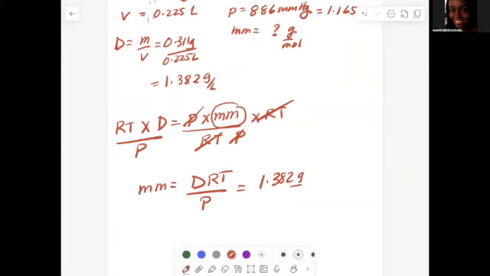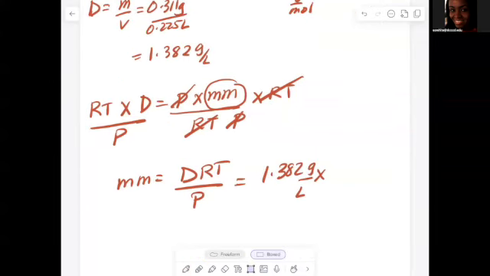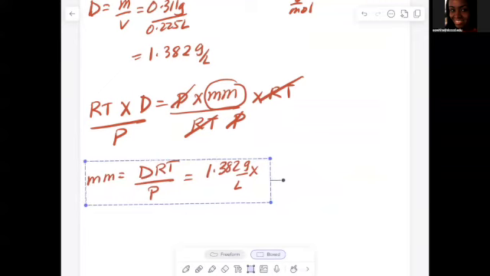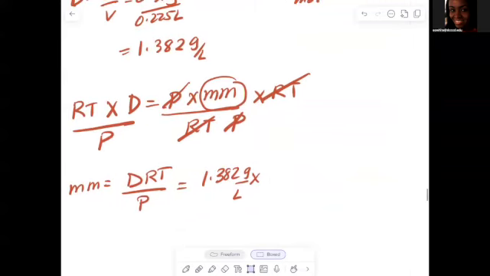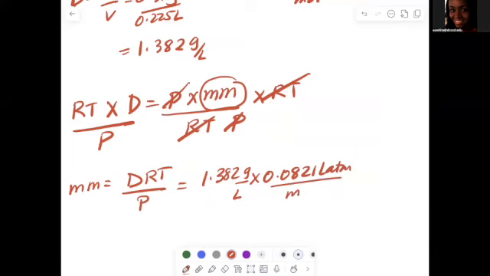So what is our density? 1.382 grams per liter times, maybe I can move this over to the left because I'm using up a lot of space. Times R, right here, 0.0821 liters times atmospheres over mole K. So we did this and this.